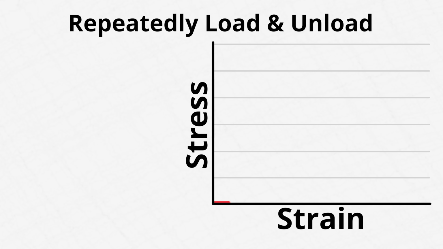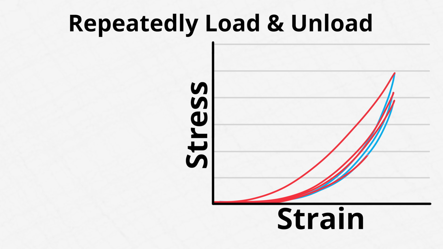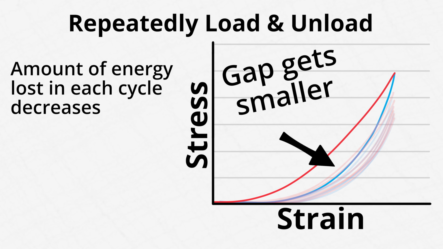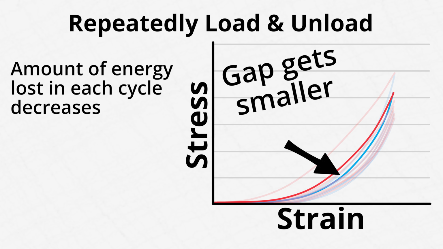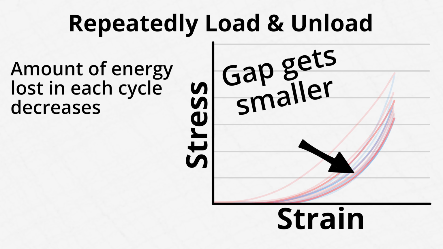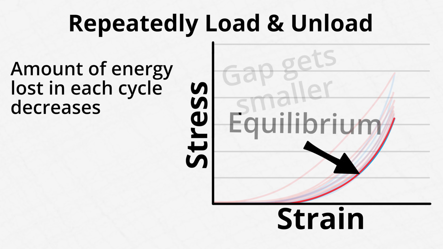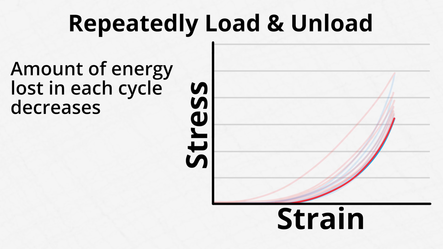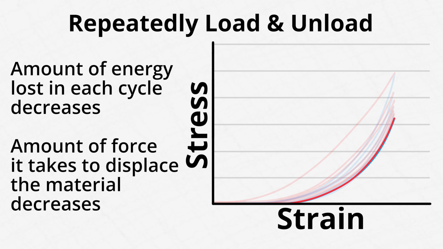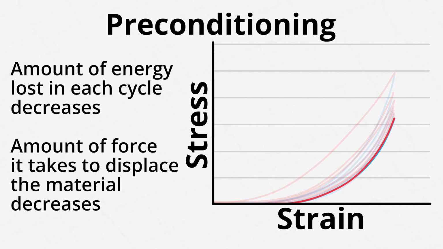As you repeatedly load and unload a viscoelastic material, the amount of energy lost in each cycle decreases until eventually the material has reached equilibrium, and there's almost no energy lost. Also, the amount of force it takes to displace the material decreases with each cycle. This process is called preconditioning.